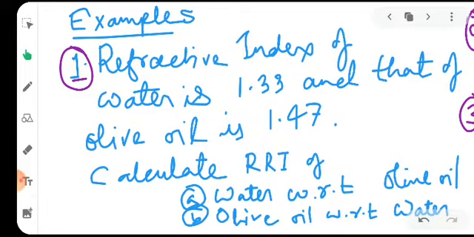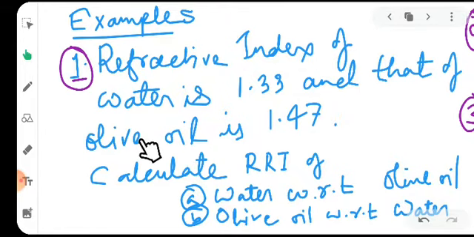Let me repeat, just carefully listen, the absolute refractive index of any material is greater than 1. Okay, let me continue. And that of olive oil is 1.47.